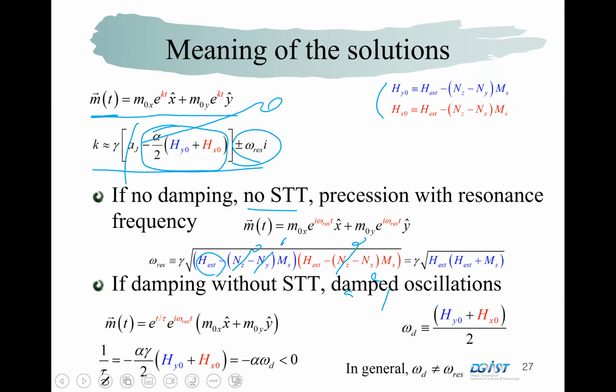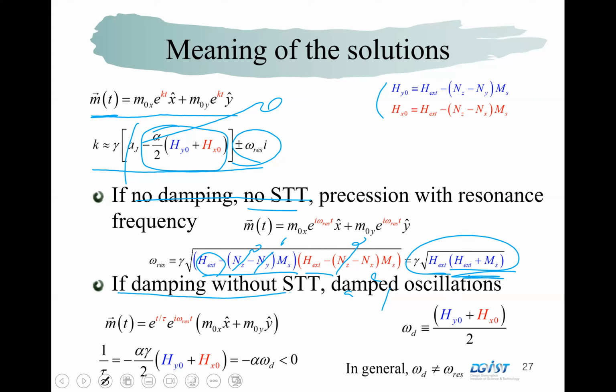So we have HX for the first term and HX plus MS for the second term. So this is the pulsation frequency with no damping and no STT. Okay.